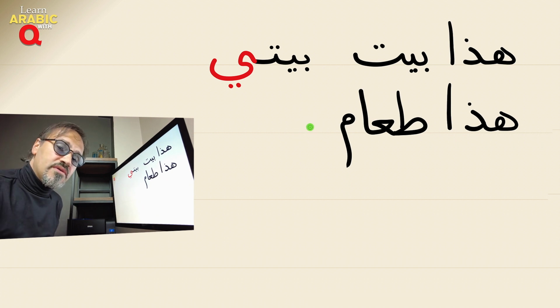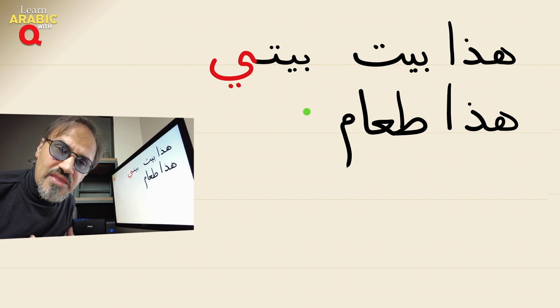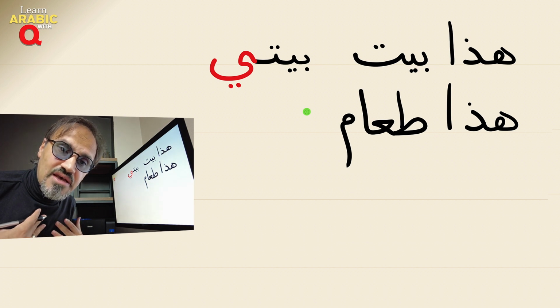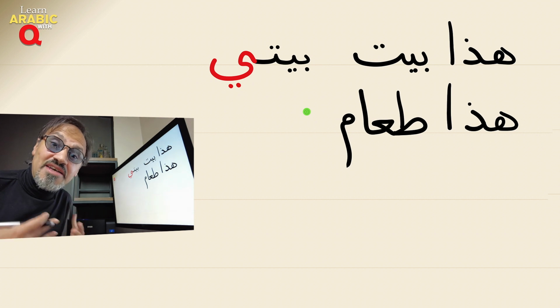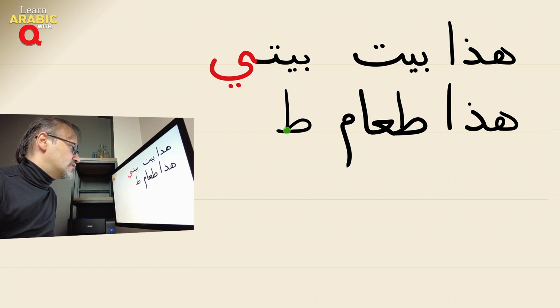Now, if this is my food, I will say هذا طعامي. This is my food. And I don't like to share food sometimes. هذا طعامي. So, how do you write طعامي? Write the same word.